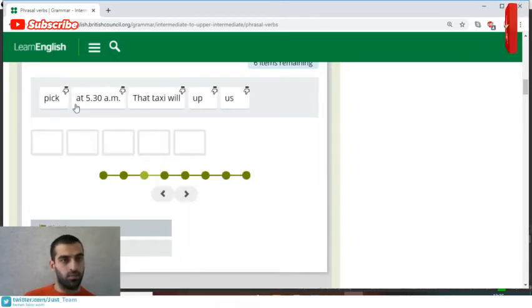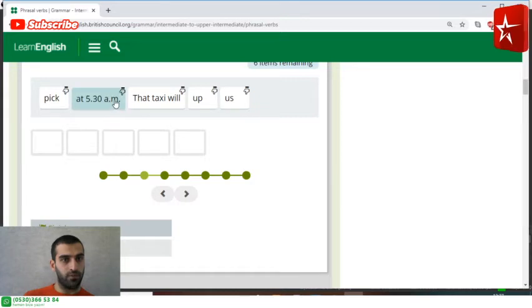And the next one, pick at 5:30, that taxi will up us. So we have five gaps here, and be careful with the sentence order. How can we make them in a correct order?